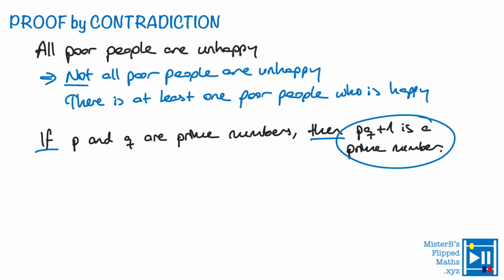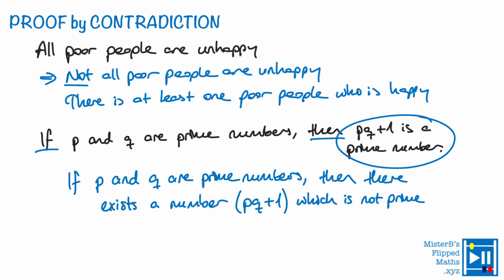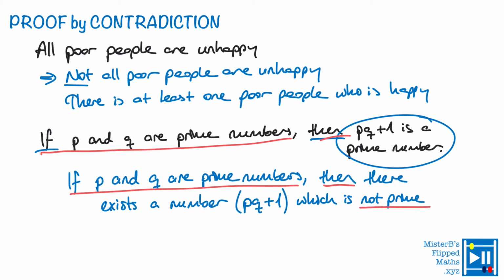So the negation will be, if P and Q are prime numbers, I write exactly the same if condition, then there exists a number PQ plus 1 which is not prime. Now I could say if P and Q are prime numbers, then PQ plus 1 is not a prime number.